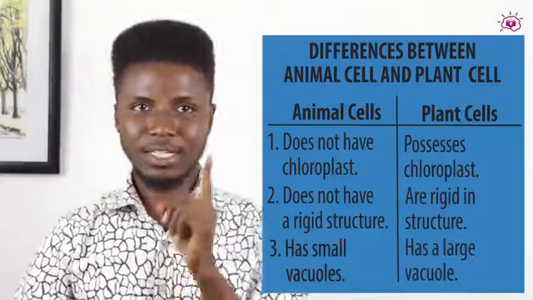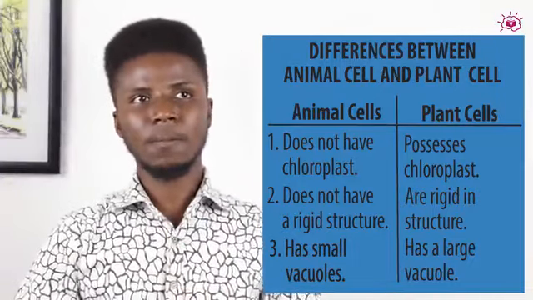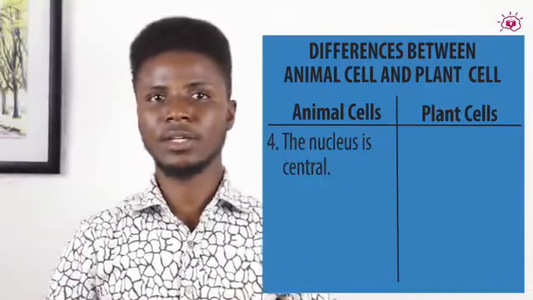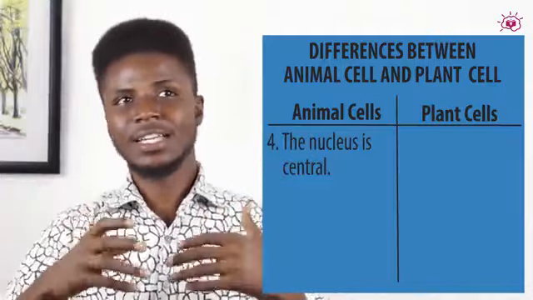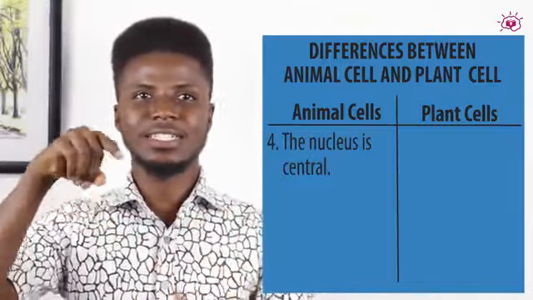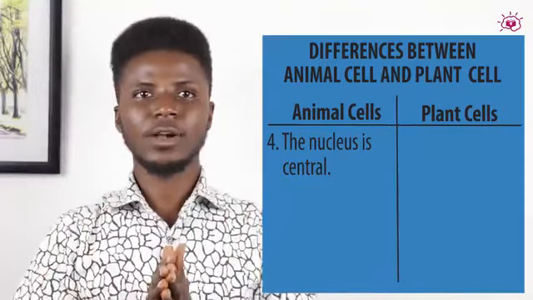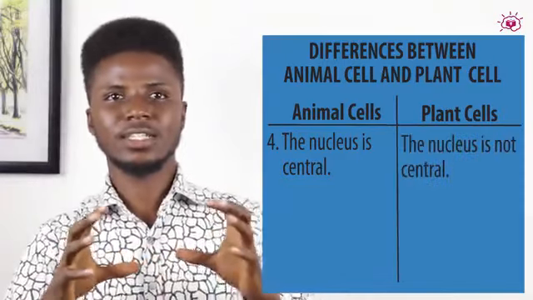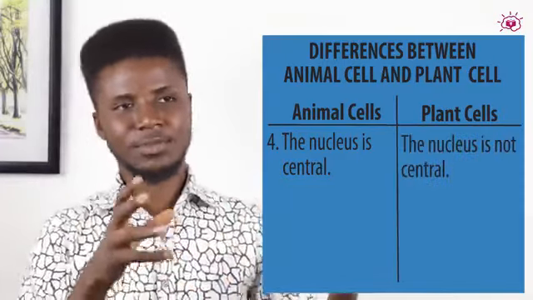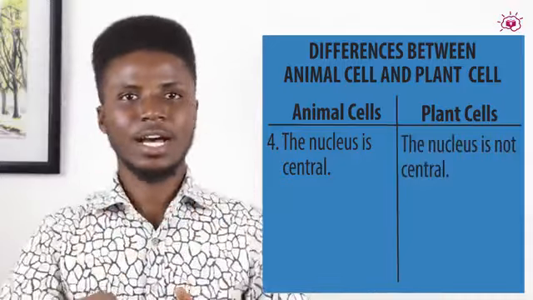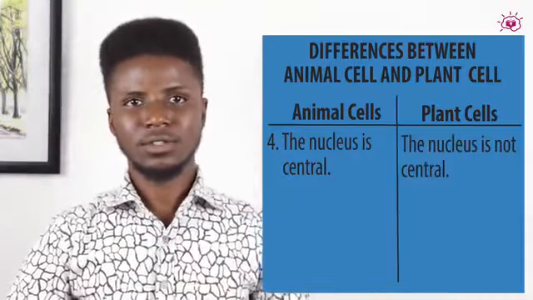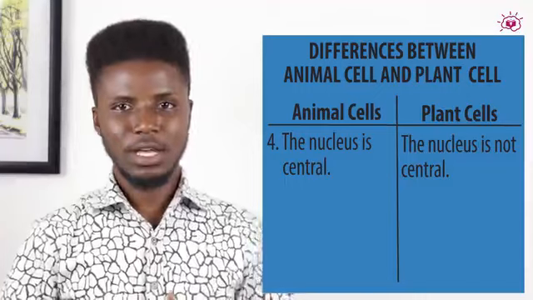Take note of that, one large vacuole. Another attribute is that in animal cells the nucleus is at the center of the cell, whereas in plant cells the nucleus is not at the center. It can be in any part of the cell, but not at the center. So these are the basic differences between plant cells and animal cells.